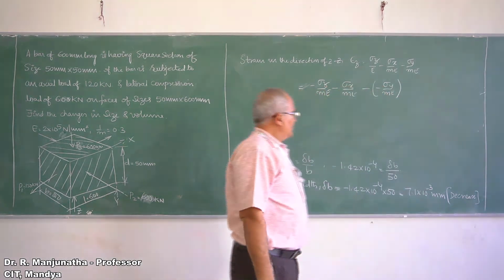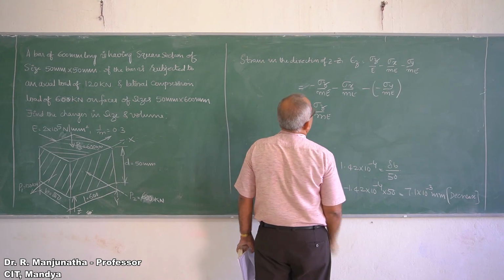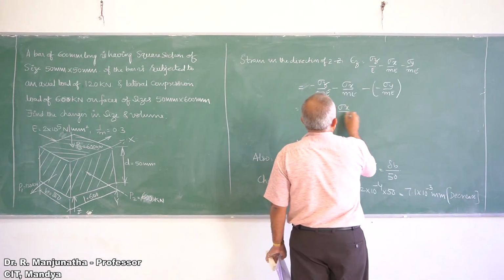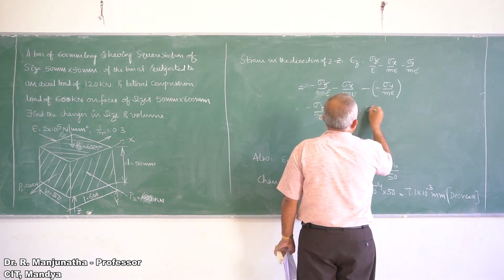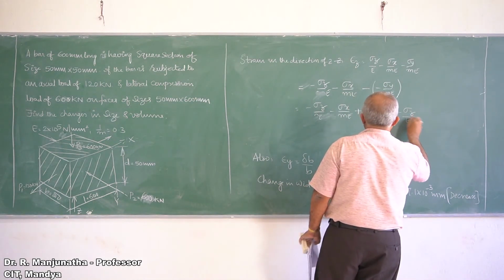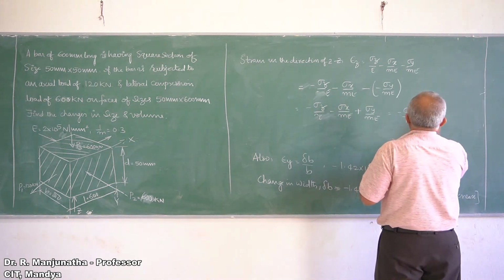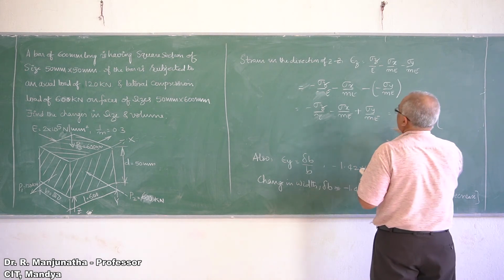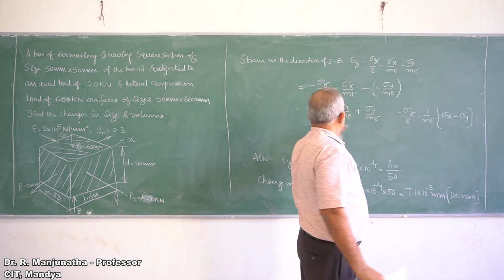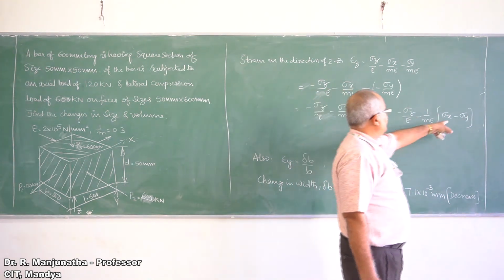I am just substituting the values here. That means minus sigma z by E. Then minus sigma x by m into E, and minus into minus becomes plus sigma y by m into E. So that will be equal to minus sigma z by E, taking minus 1 by m into E as the common factor, we get sigma x minus sigma y.